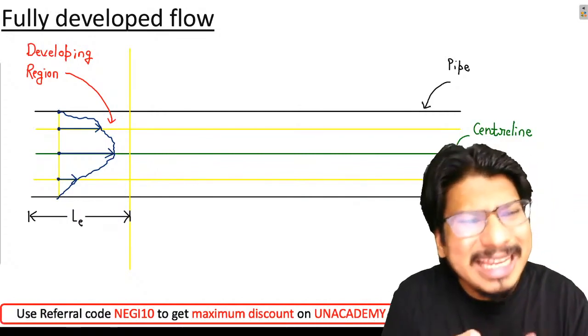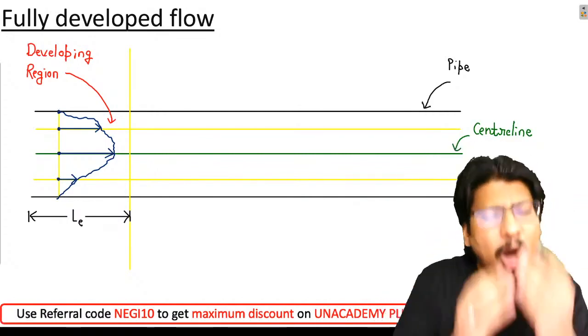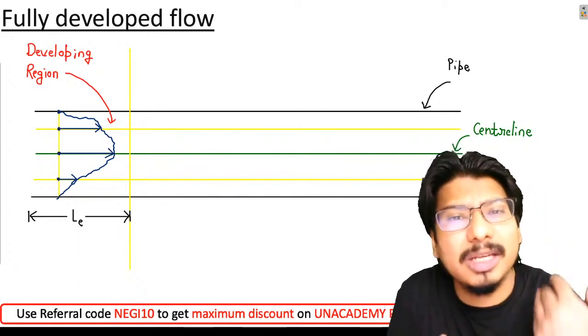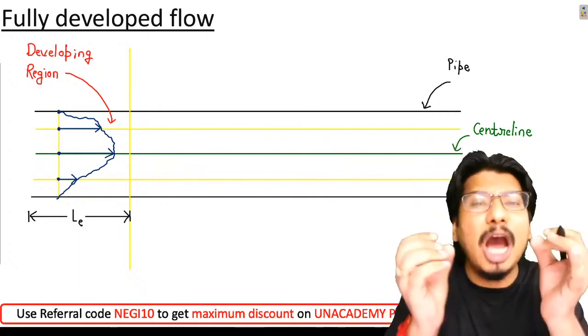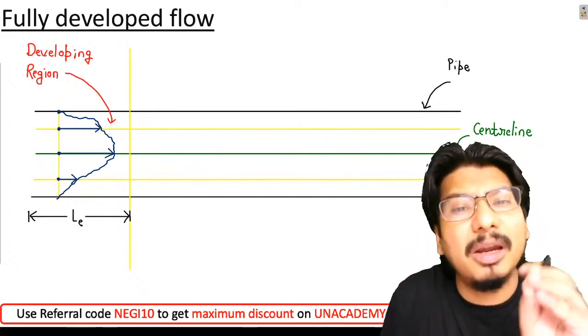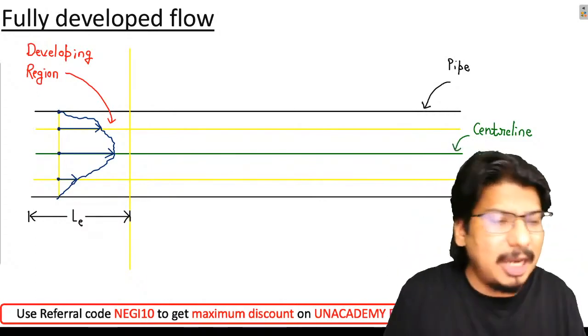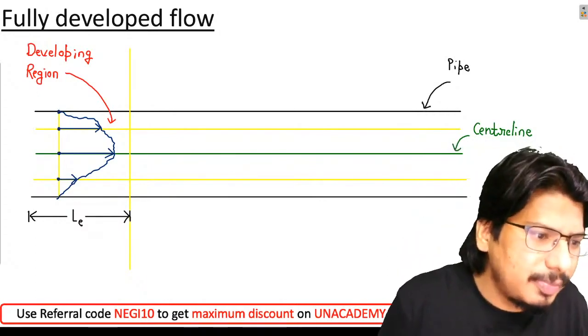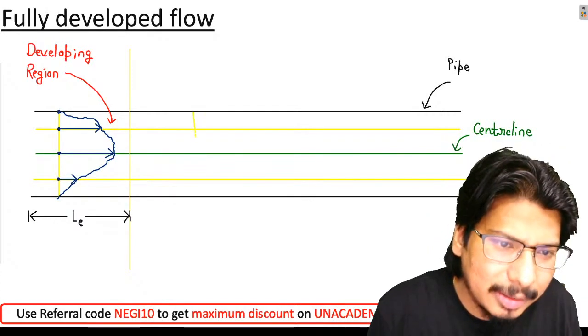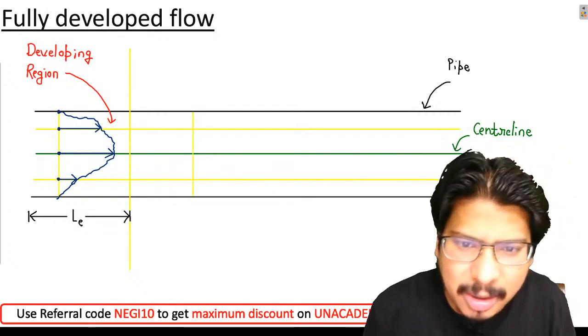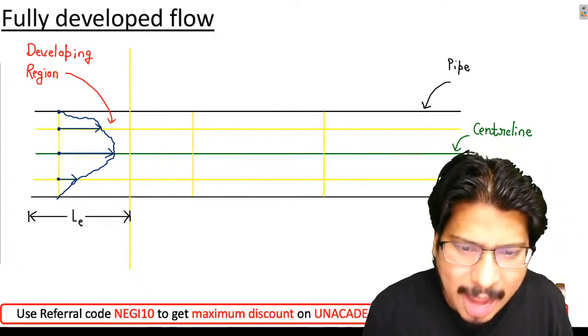Once the fluid is crossing this developing region, the fluid will have a well defined velocity profile. Look here. Let us suppose I am here, looking at this cross section. Now what will happen?